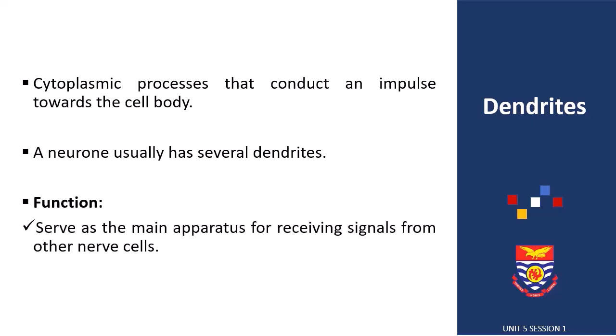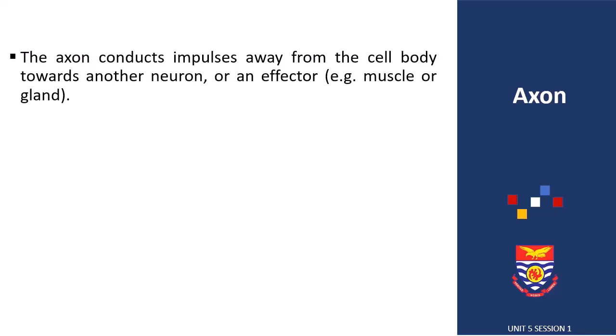The main function of dendrites is that they serve as the main apparatus for receiving signals from other nerve cells. The axon, which is the third and final part of the nerve cell, is a single long thin process that conducts impulses away from the cell body towards another neuron or an effector. An effector could be a muscle or a gland.